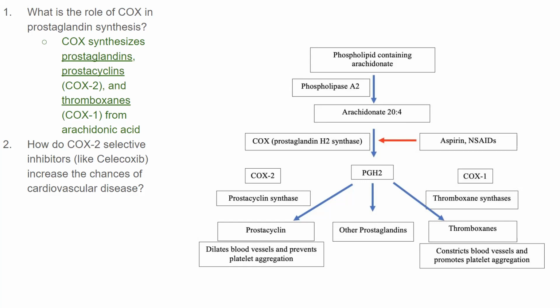So there's an even production of prostacyclins that are important for dilation and thromboxanes that are important for vasoconstriction. So whenever you specifically block COX-2, that increases the amount of thromboxane and decreases the amount of prostacyclin. And that leads to the constriction of blood vessels as well as platelet aggregation. So you're more prone to clots because your platelets are aggregating in your blood vessels. Does that make sense?